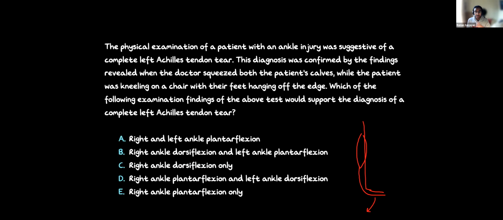But if they don't, maybe they have some nerve problem, or I'm not familiar with this, maybe some other problem that prevents them from plantar flexing naturally for whatever reason. But that's the reason for this. So yeah, you'd go with right ankle plantar flexion only. Because again, left ankle is not going to plantar flex because you've got a broken Achilles tendon.